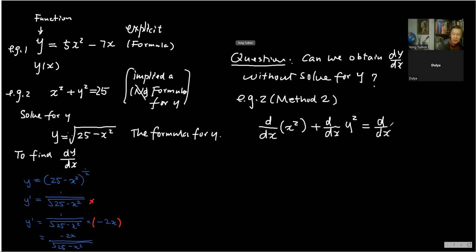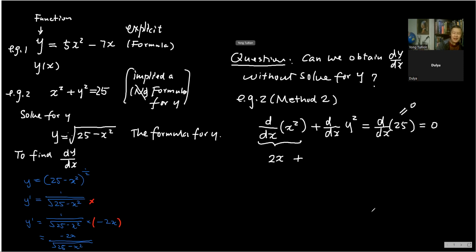That is what you can do when you start studying calculus. You can do this operation on both sides at the same time. Of course, for the constant, we know it equals 0. So this side is equal to 0. Can you work out this first? 2x, yes, simple. But how about the second one? That is the question.